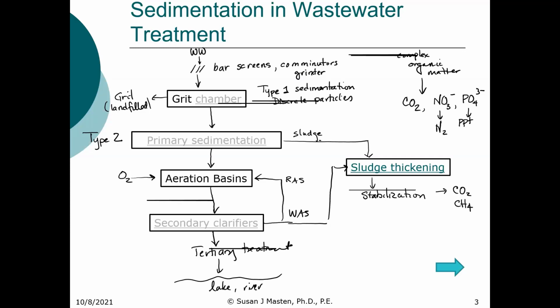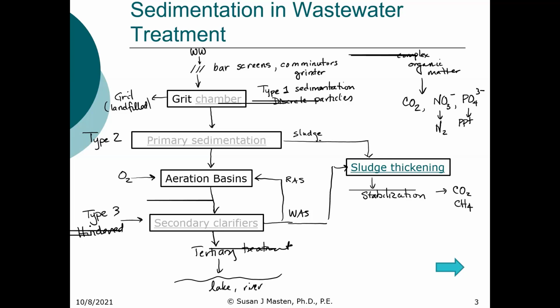efficiently. We may or may not be adding coagulants in a primary sedimentation basin. That coagulation may actually be essentially naturally occurring. We have type 3 or hindered settling.